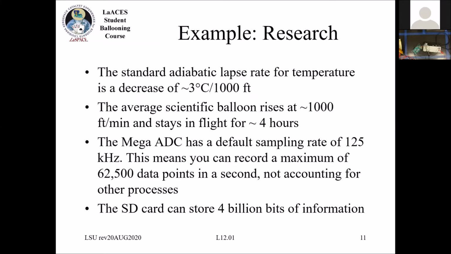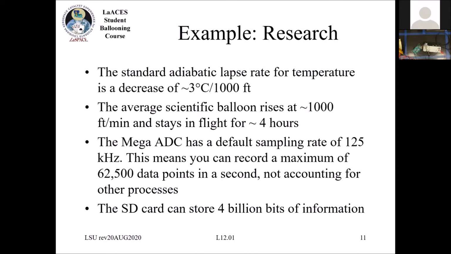So if we look at a particular model for how we expect the temperature to change with height, we see it changes 3 degrees every 1,000 feet. And we expect, like I said, to rise with 1,000 feet per minute, and we expect a total flight of 4 hours.